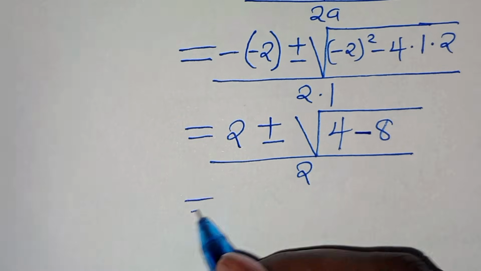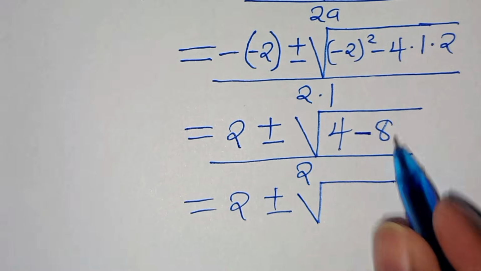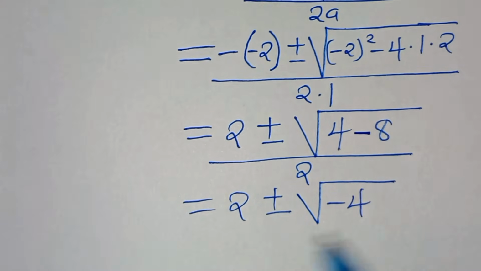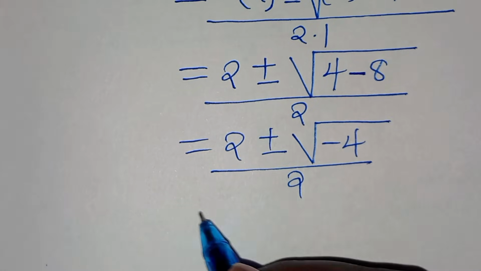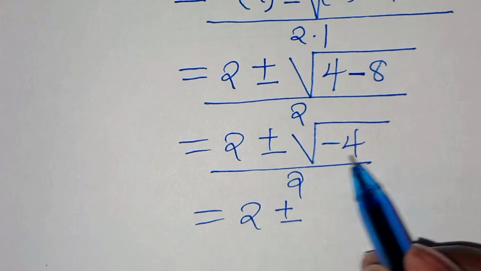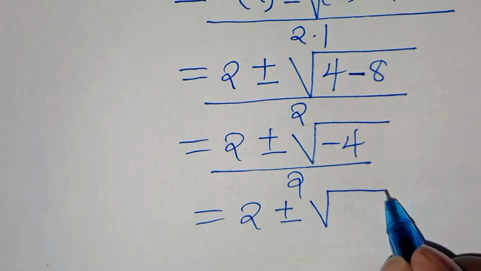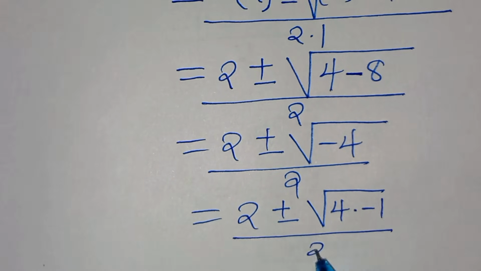So this implies we have 2 plus or minus the square root of 4 minus 8, which is minus 4, divided by 2. And therefore, here we have 2 plus or minus. We can express the square root of minus 4. This is the square root of 4 times minus 1. Everything here divided by 2.